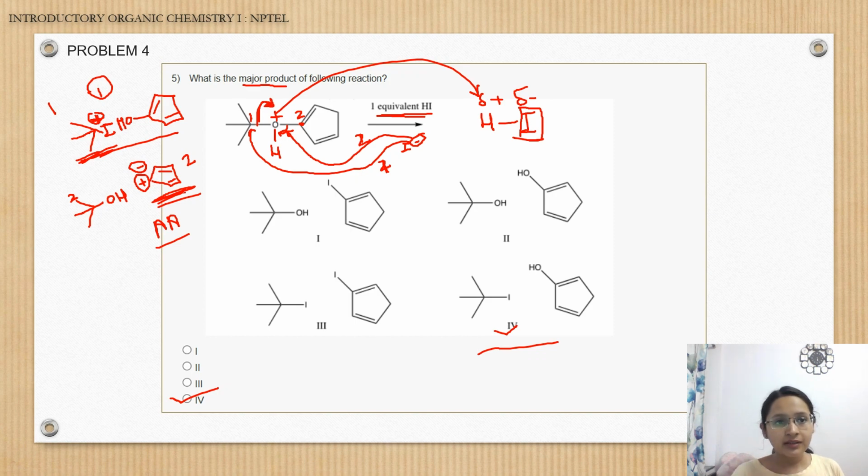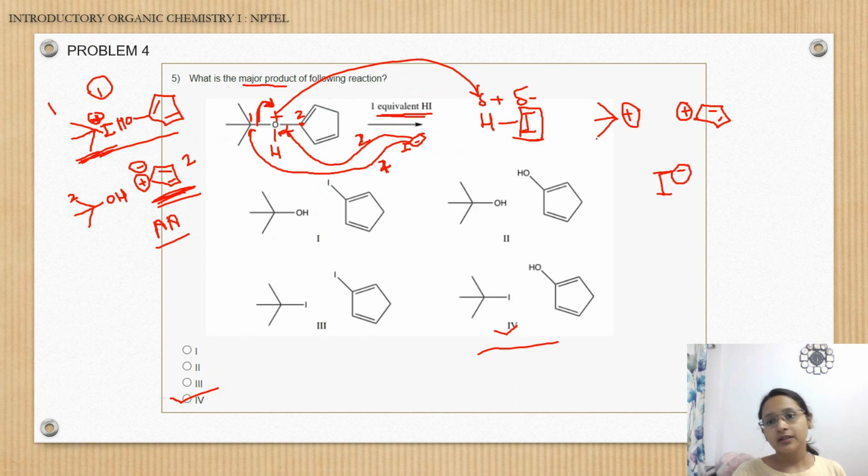So I minus would feel the same kind of interaction while attacking this system and attacking that system. The carbocation, as I have told you, is a planar system, right? So the attack for I minus is more or less similar, and atomic radius doesn't play a role here.